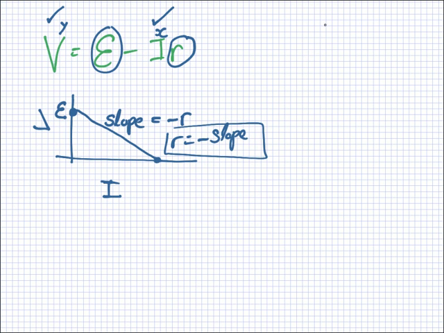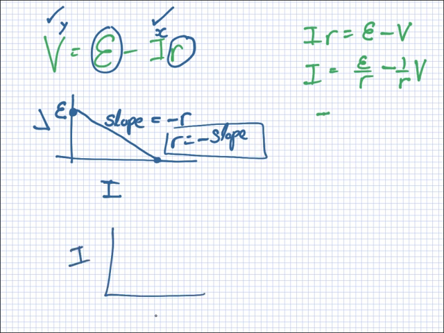So if I rearrange this, I can get I equals E over R minus 1 over R times V. Did I do that right? I did, yeah. So I here and V here.